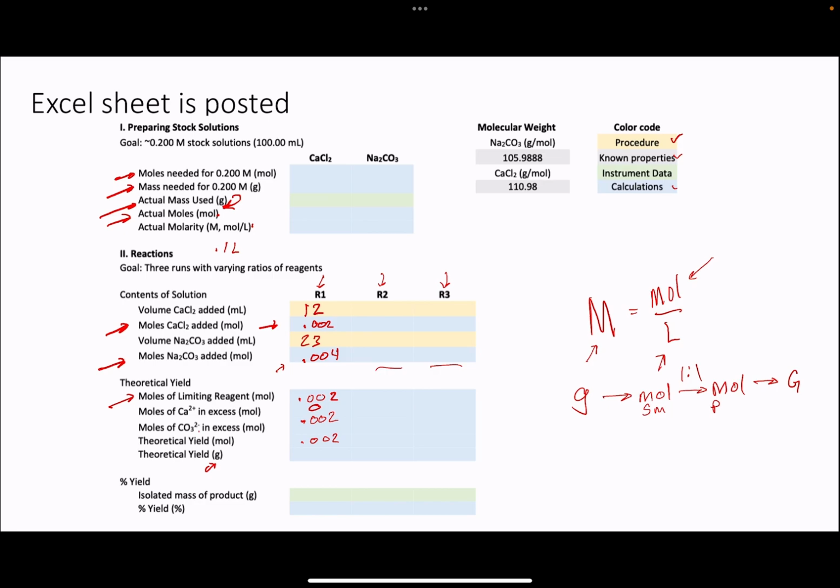So then you'll convert the moles, this part right here, moles back to grams using the actual product, which is calcium carbonate, yeah, calcium carbonate. And that should have a mass. I don't think it's written in here, otherwise you have your masses there.